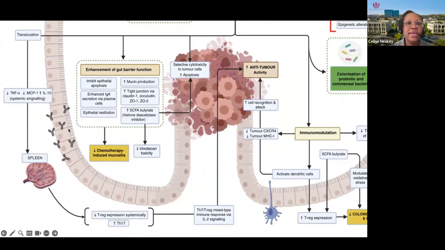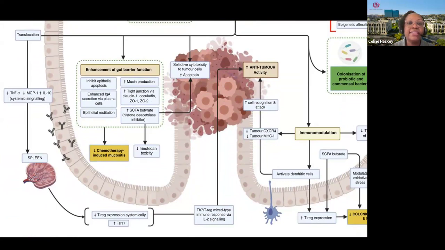And then if we're able to balance the gut bacteria really well, then that can enhance that gut barrier function. So that decreases issues with gut permeability, which is otherwise known in lay terms as a leaky gut.